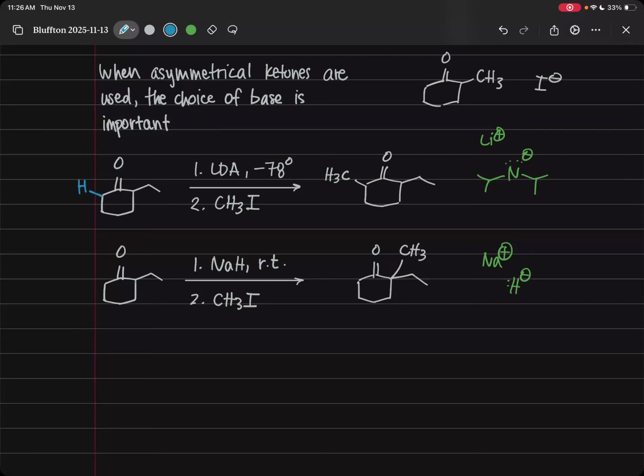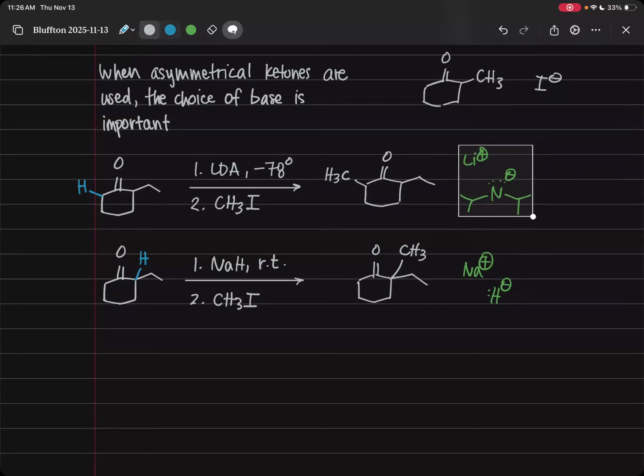And in the sodium hydride example, the proton that gets removed is that one. So based on the structures of LDA and sodium hydride, why does the LDA go for that proton on the left and sodium hydride go for the proton on the right?